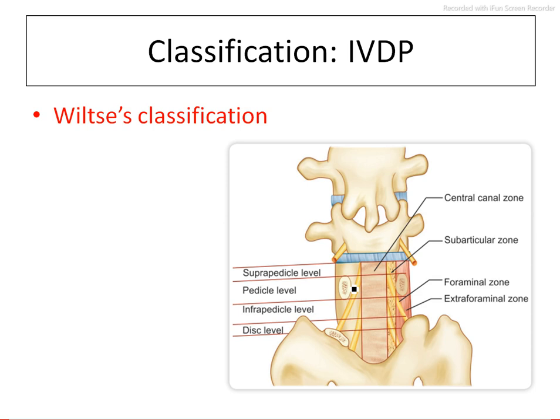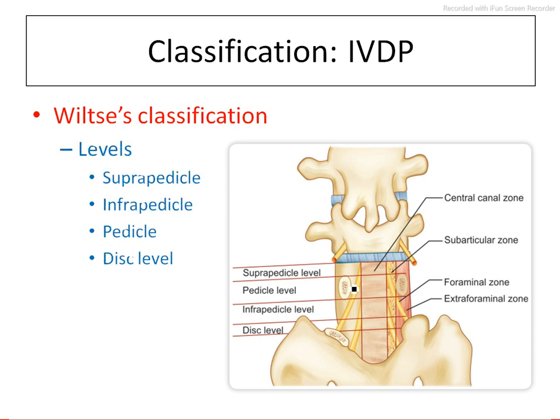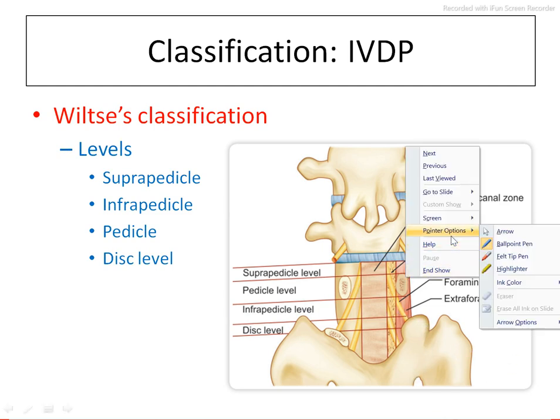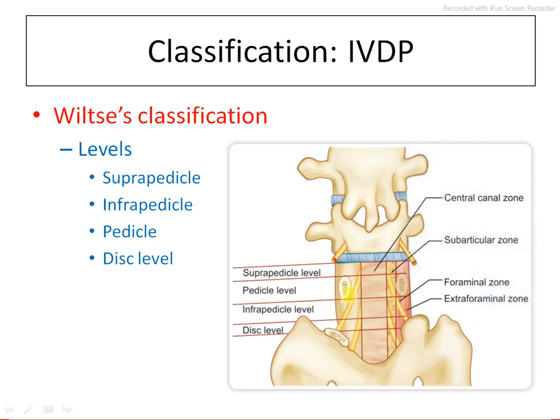We have already discussed zones, and another classification is on the basis of level. It can be suprapedicle, pedicle level, infrapedicle, and disc level. So you see here, these are nothing but pedicles.